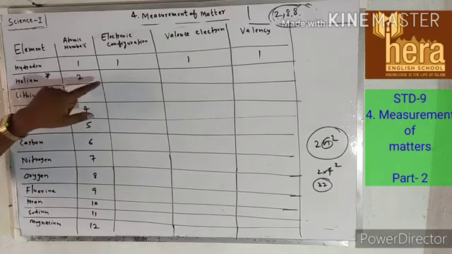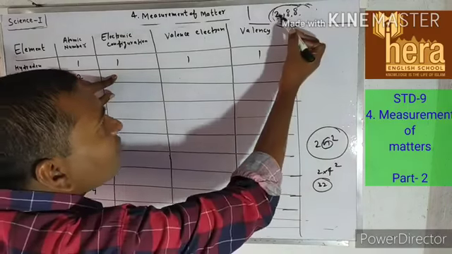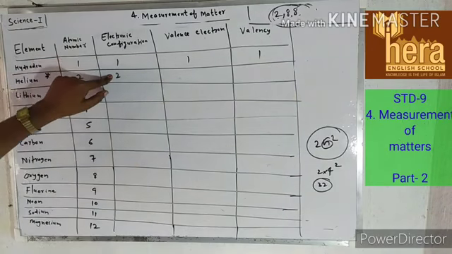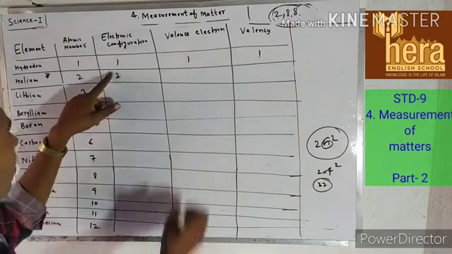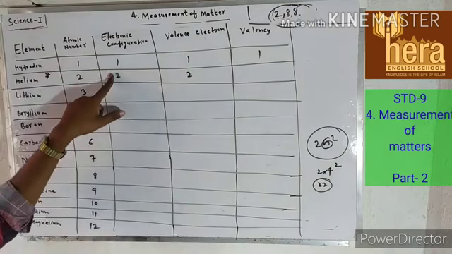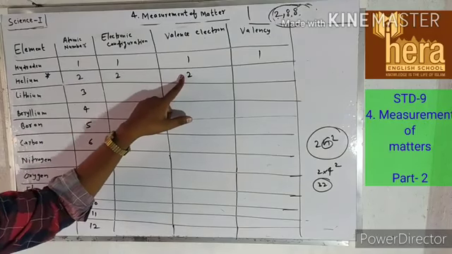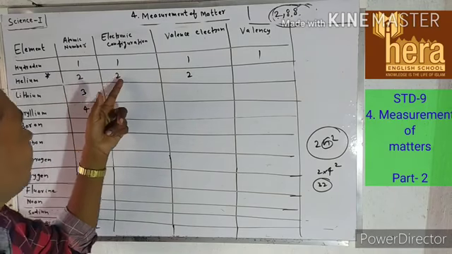Atomic number 2, electronic configuration. The capacity of the first orbit is 2 electrons. So easily we can put 2 electrons. Valence electron 2. Valence electrons means electrons present in the outermost orbit. So in case of helium, there is only 2 electrons.